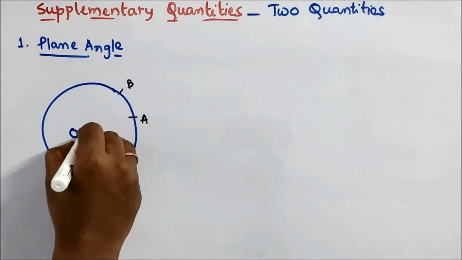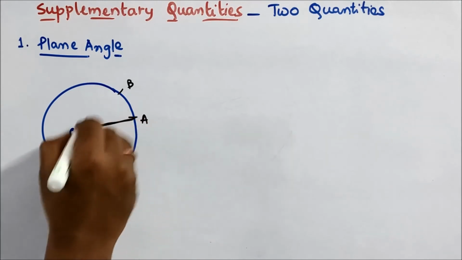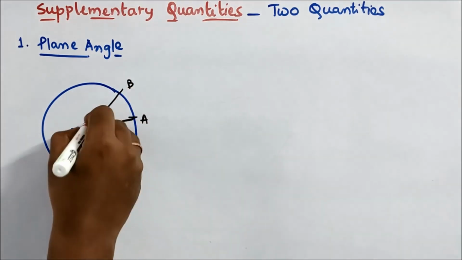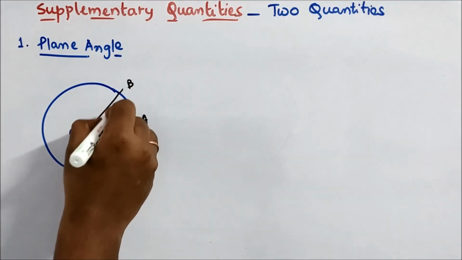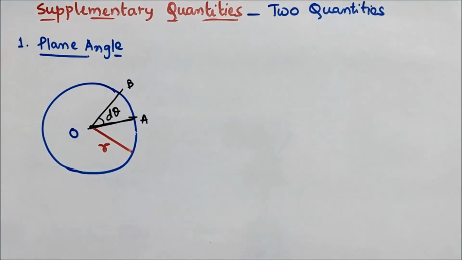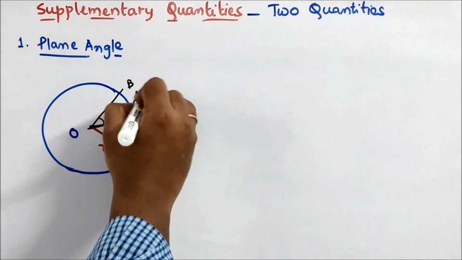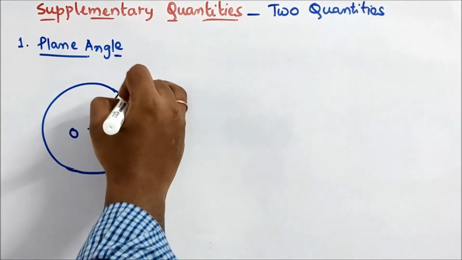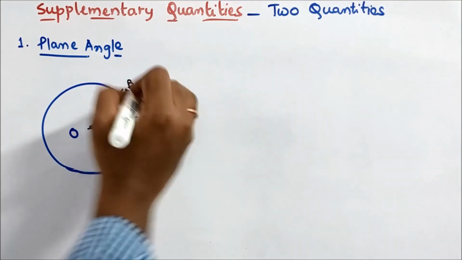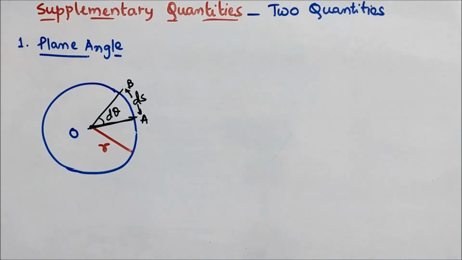AB is our arc, and the angle subtended by AB at the center, let us call that angle d theta. So the plane angle is nothing but this d theta, the angle subtended by the arc AB. And let's say the length of this arc is ds.